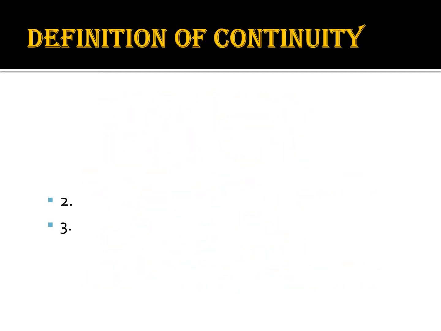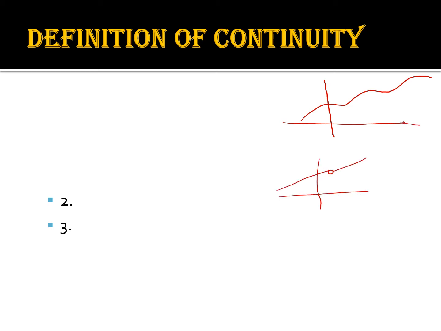So the point is, when do we say that a function is continuous? Understand this with the help of a graph. If I am drawing a graph without lifting my pen off the board, it means the function is continuous because I don't find any gaps or holes in the graph.